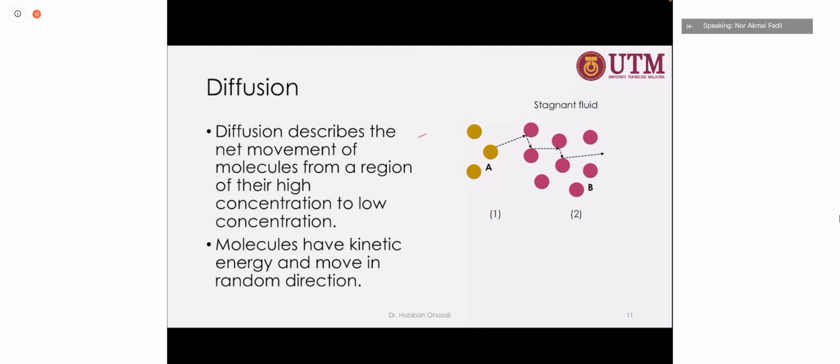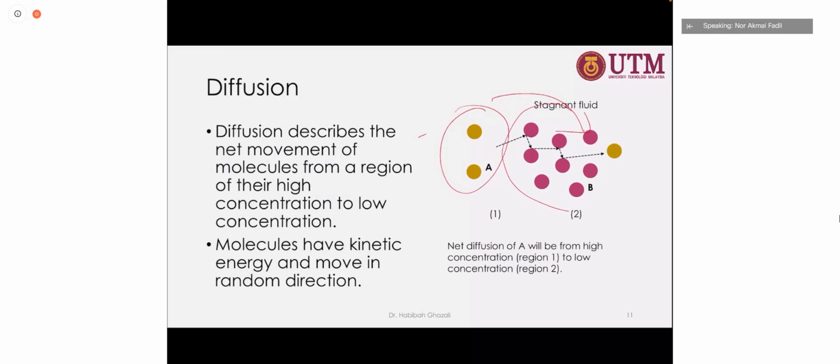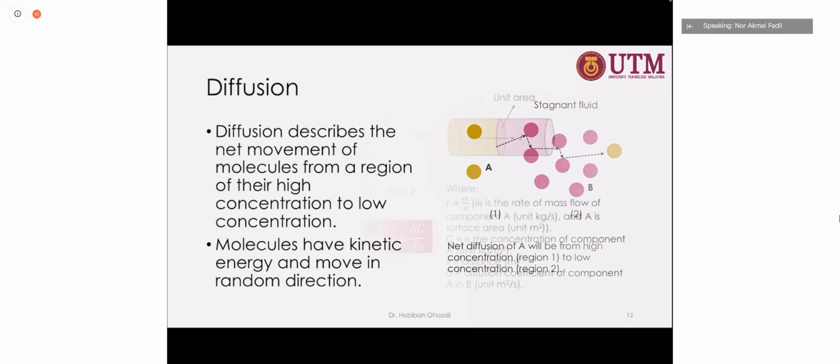Let's say you drop syrup into stagnant water, then it will move into a region where the A atoms are low in concentration. So it will go in this direction, not stay here. If you put it in a different concentration, it will go in a direction that contains less concentration of its species.